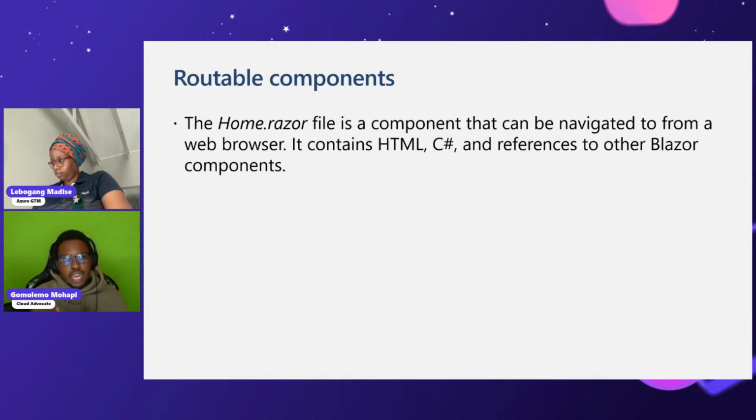We use a page directive where we have the @ symbol where we specify C# code, then the page along with a slash. So all of that might not seem to make sense at the moment, but once we go into that demo, it will momentarily.